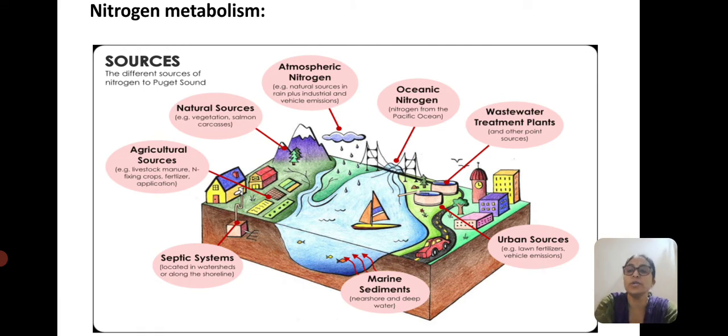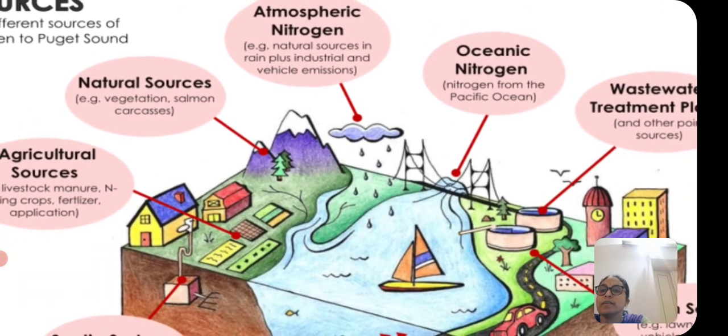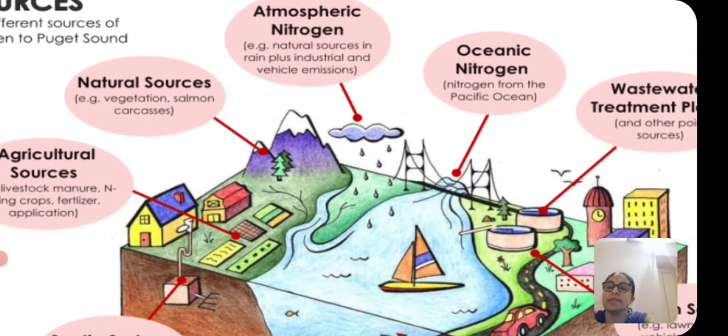Before actually going to those, we can see the natural sources of nitrogen. These are the natural sources in nature, in the atmosphere, nitrogen. Atmospheric nitrogen is totally an inert gas.